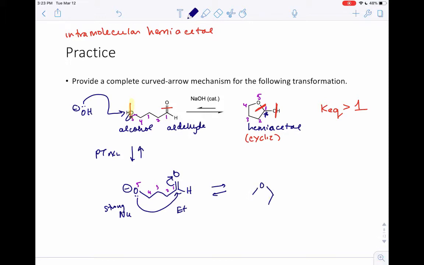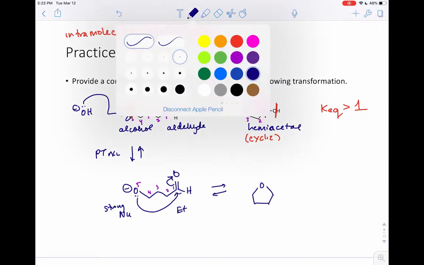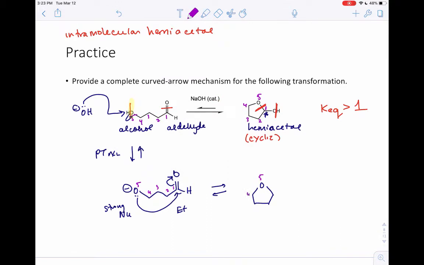Go ahead and draw the 5-membered ring, then put your numbers in and draw what substituents are supposed to be at each atom. That's our trick here. All right, so I know carbon 1 had been the carbonyl carbon. It still has 2 bonds to oxygen. So I should mention something really important here.